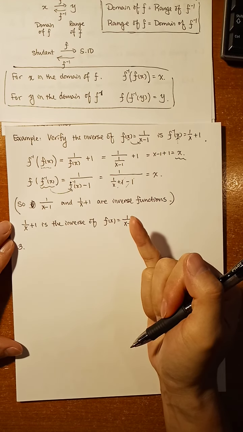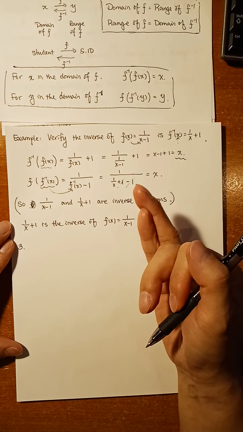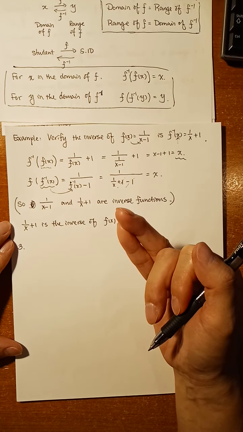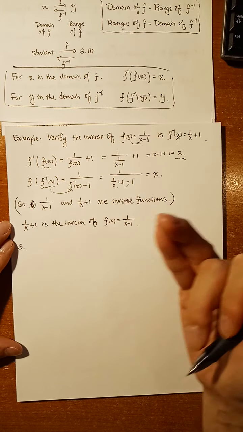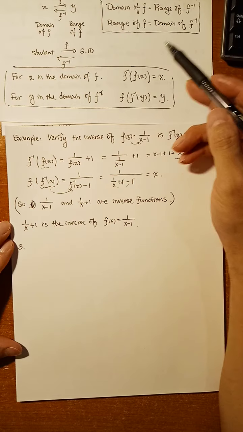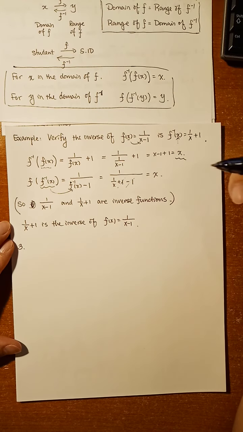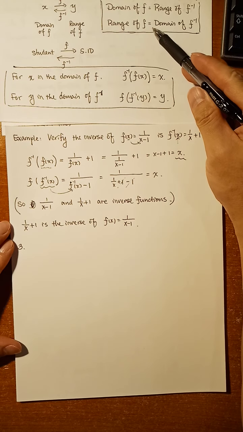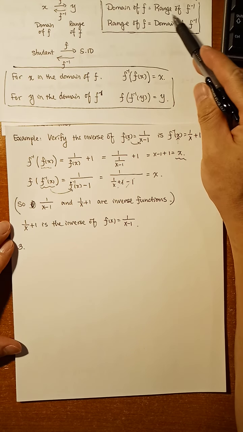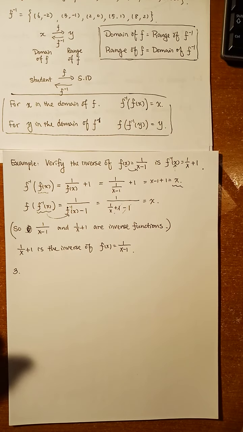Okay, so in the first section, we define the one-to-one function. In the second section, based on the special property of a one-to-one function, we define the inverse of a one-to-one function. And the inverse of a one-to-one function interchanges x and y positions. The output becomes input, the input becomes output. So the domain of F is the range of F inverse, and the range of F is the domain of F inverse.